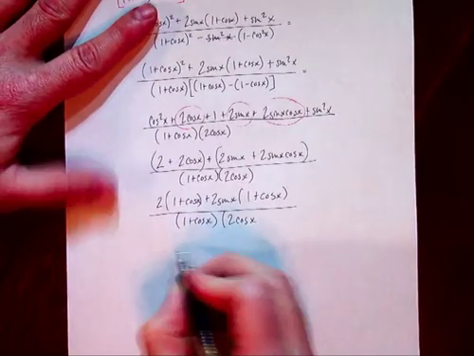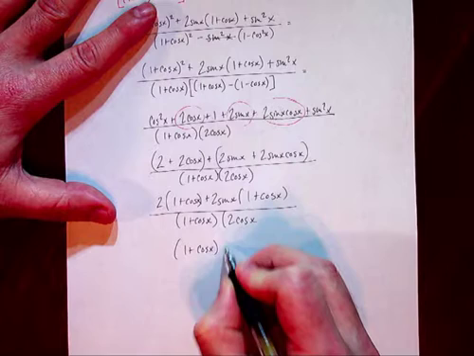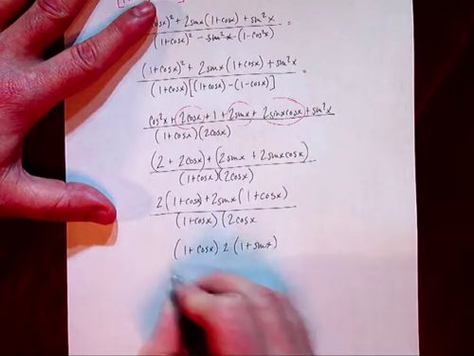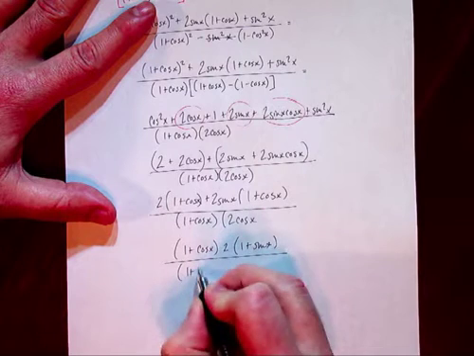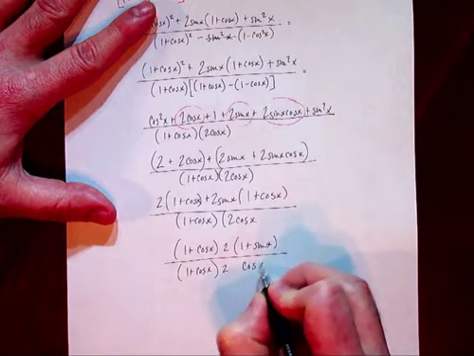And what I get in this numerator is 1 plus cosine x times 2 times 1 plus sine x, all of that over 1 plus cosine x times 2 times cosine x.